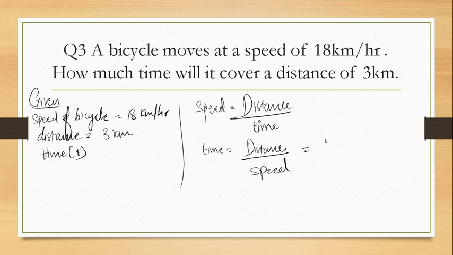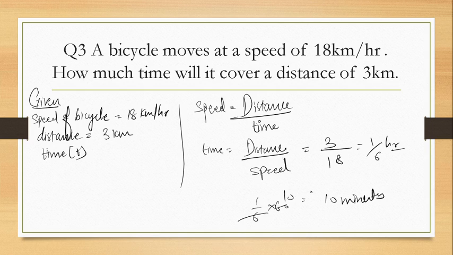So distance is 3 upon 18. So this is 1 by 6 of an hour. Can you convert 1 by 6 of an hour into minutes? Yes, 1 by 6 multiplied by 60. So you will have 10 minutes. It will reach in 10 minutes. Very simple.